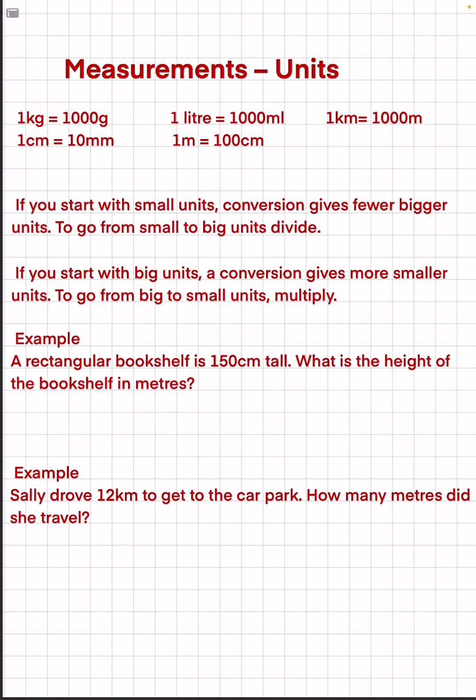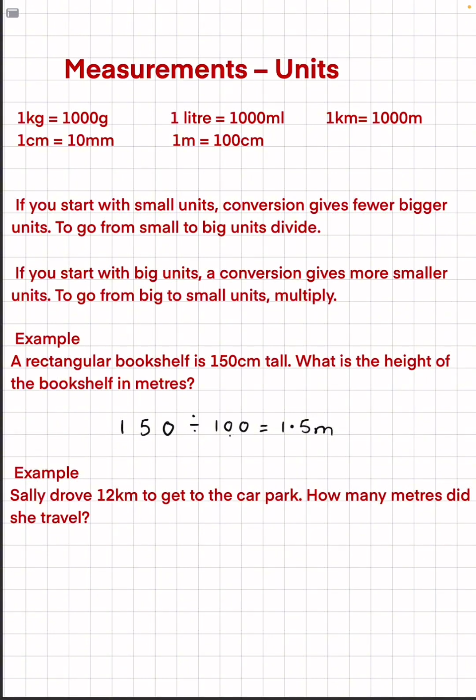We know that 1 meter equals 100 centimeters, so to convert 150 centimeters to meters, we need to divide by 100. So 150 divided by 100 equals 1.5 meters.